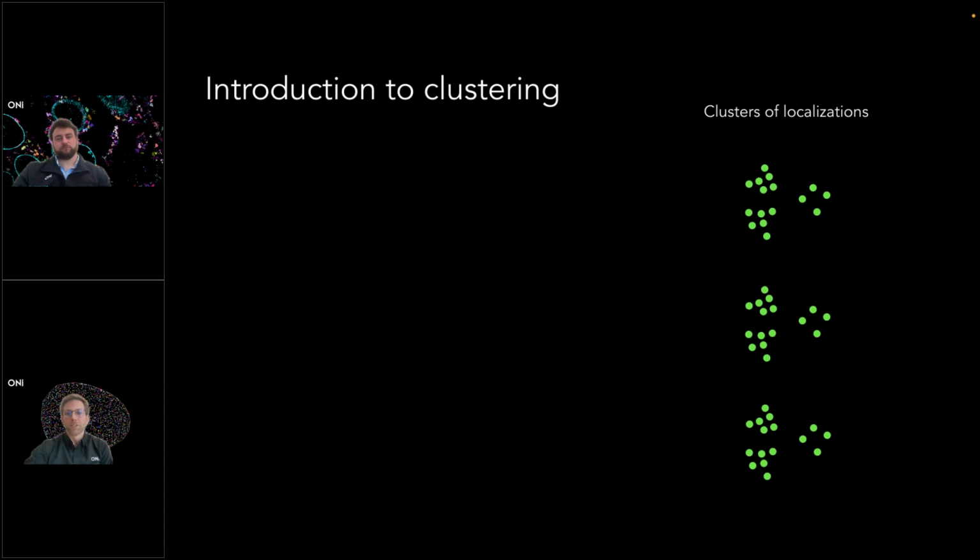So, just a very brief introduction to clustering. The idea of clustering on localization data is, if you look at these three sets of green points, you can imagine lots of different ways of understanding what these are. It could be one big aggregate of localizations that is one big tag, or it could be a bunch of smaller individual clusters within there.